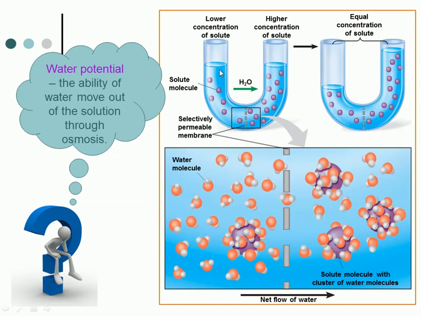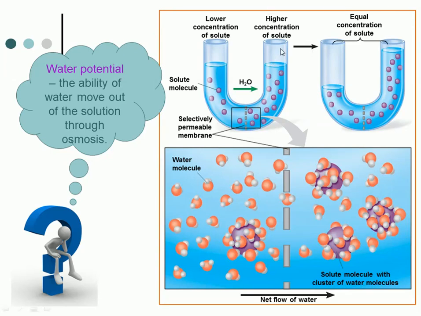So, in this arm, it has lower concentration of solute. When you have lower concentration of solute, it means you have higher concentration of water. While in this arm, which is the one on your right, you have higher concentration of solute. Higher concentration of solute means lower concentration of water.